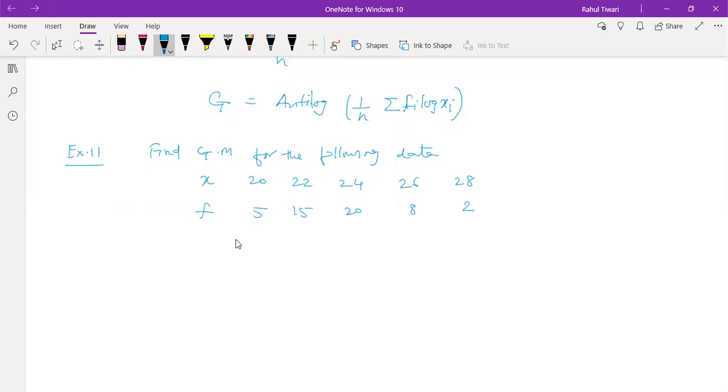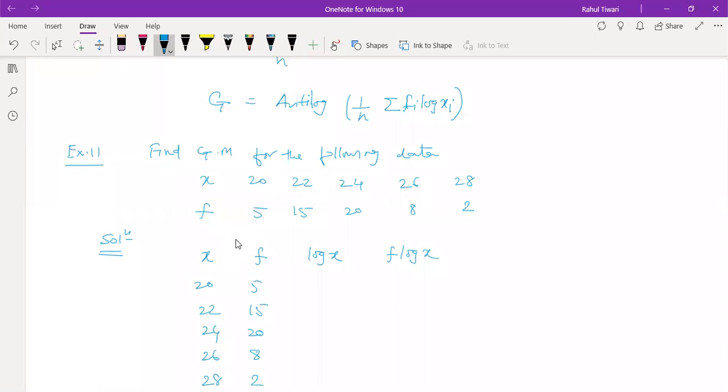Okay. So how do we do the solution of this? You have X data, write down X data, you have F data, find out log of X and then find out F into log of X.